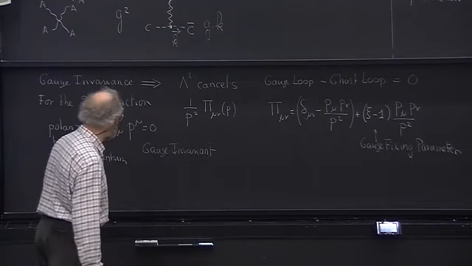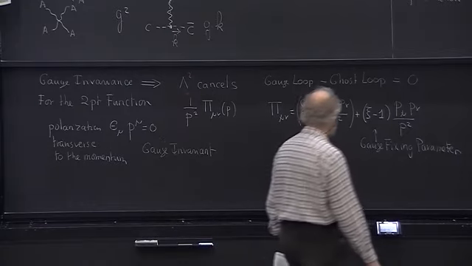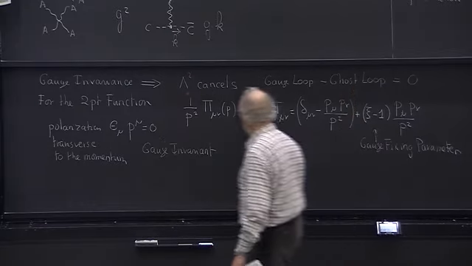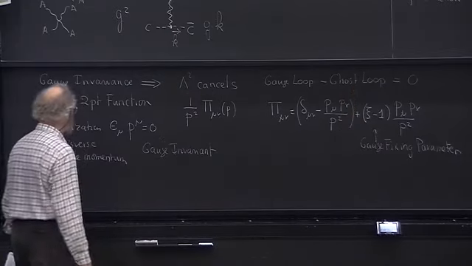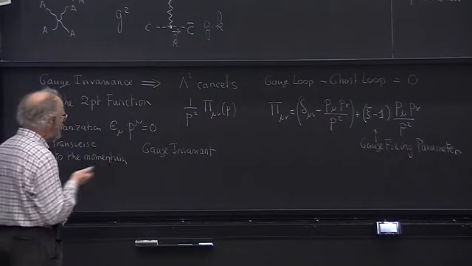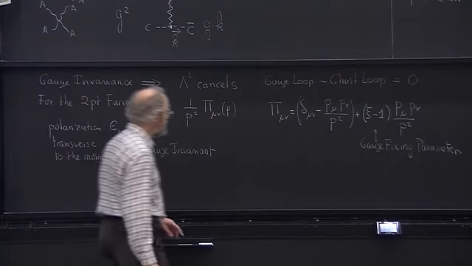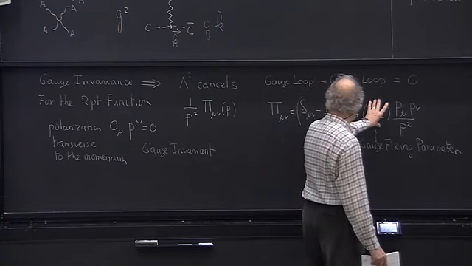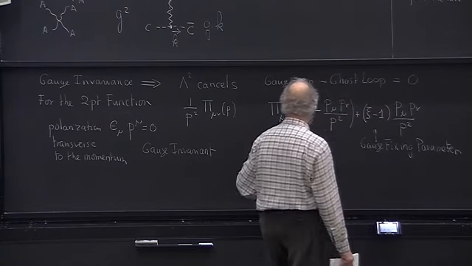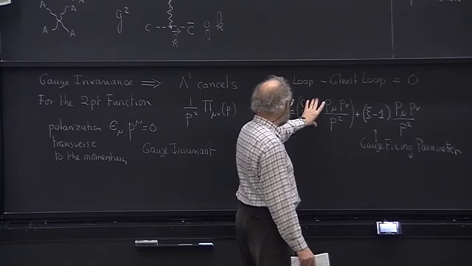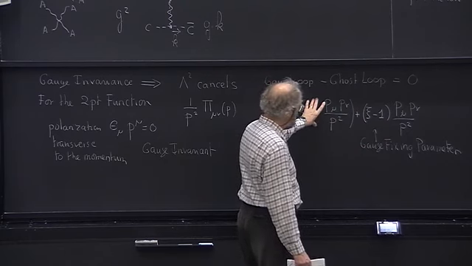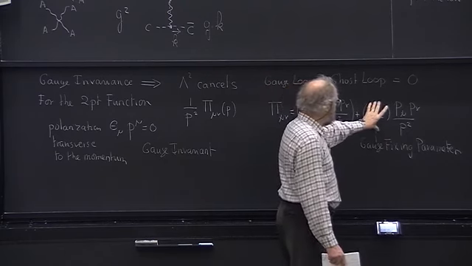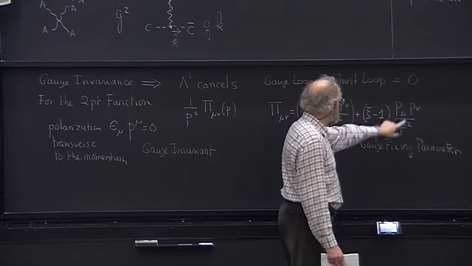Okay. And if you consider a longitudinal mode, then only these terms. So if ε^μ is proportional to p^μ, this term disappears. This term is non-zero, but it's p squared over p squared p^μ.